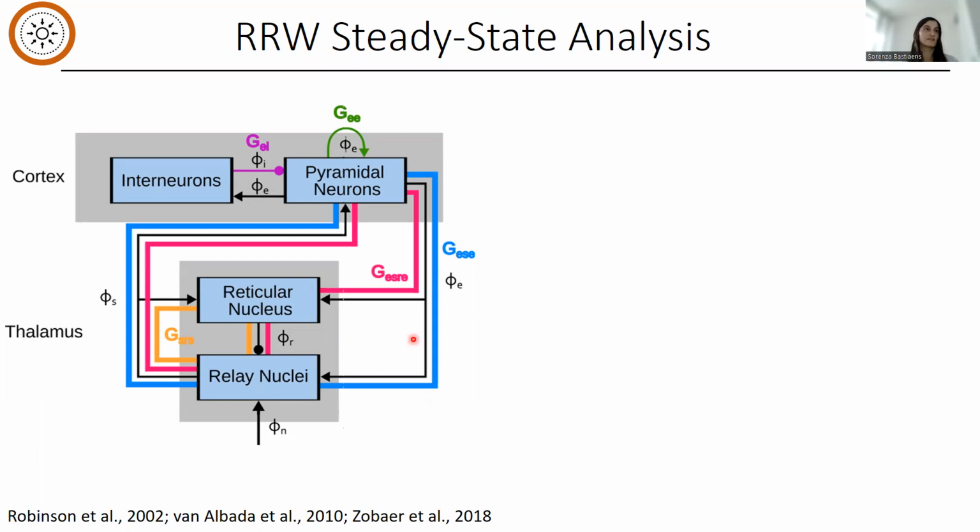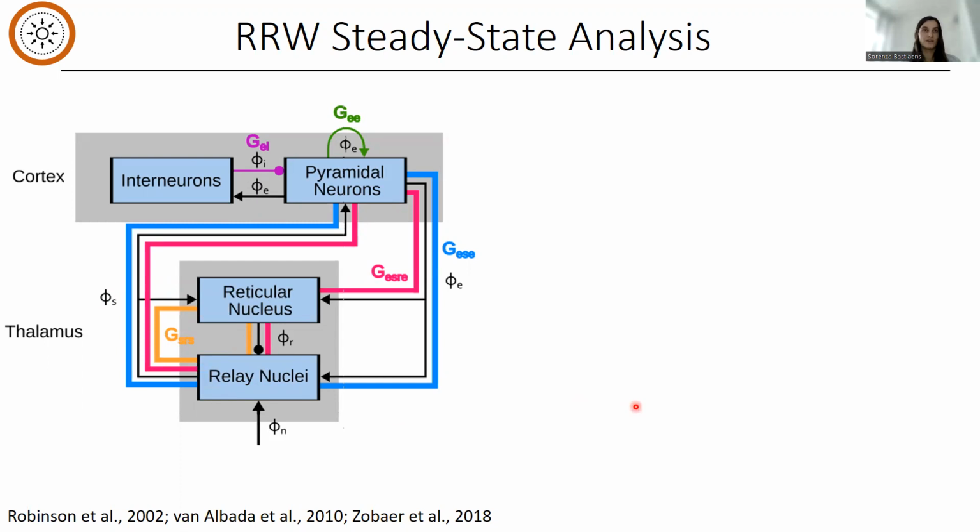So you have here the cortical loop with the GEE, GEI. You then have a corticothalamic loop, through the GSRE here, that goes through the reticular nuclei to the relay nuclei, and then just from the pyramidal to the relay nuclei, and then back to pyramidal. And then the final interaction is this intrathalamic loop here.